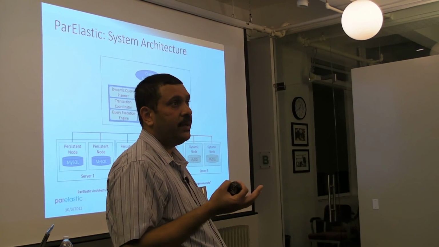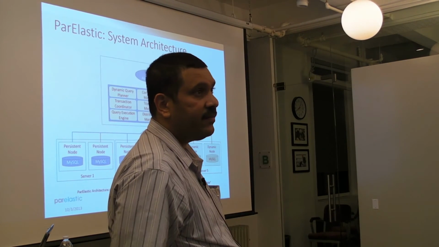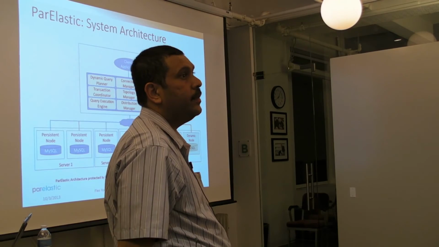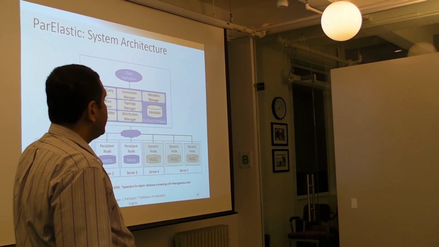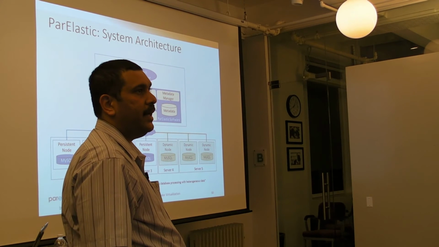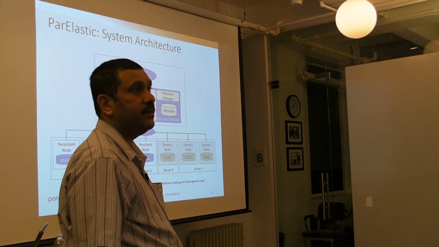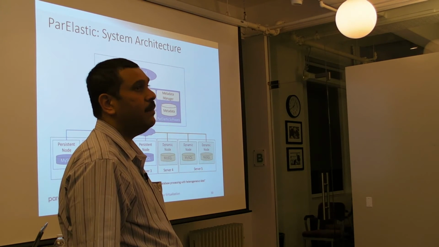So I have to solve the problem of the metadata getting big for the server that's on. The metadata literally is just the catalog of, what are the tables, how many columns do you have, that kind of stuff. For a single table, the metadata is like under a couple of kilobytes. Doesn't matter how big the table is.